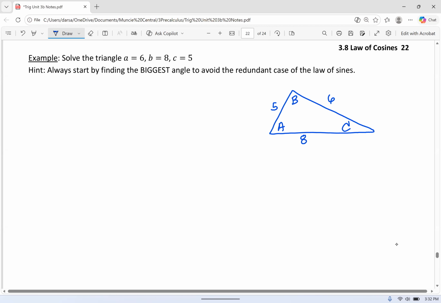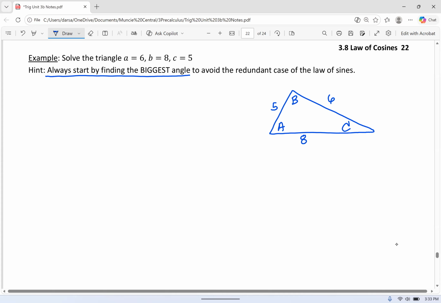If they tell you to start by finding one particular side, find that side and ignore what I'm about to say. But if you have to find all three, then you always start by finding the biggest angle. Well, which side is the biggest angle opposite of? Remember, if you think about our geometry lessons, the biggest angle is opposite the biggest side.